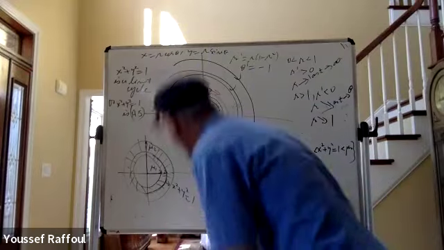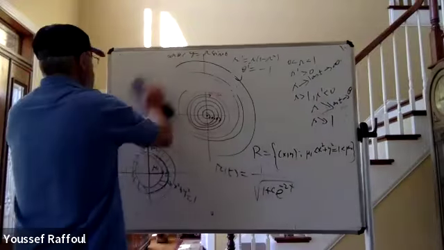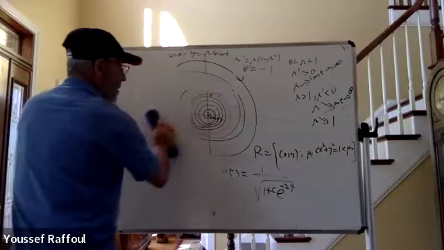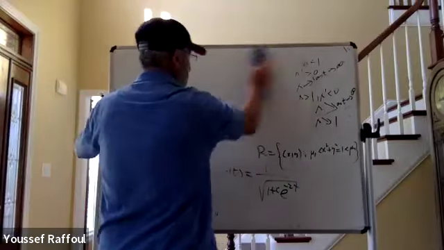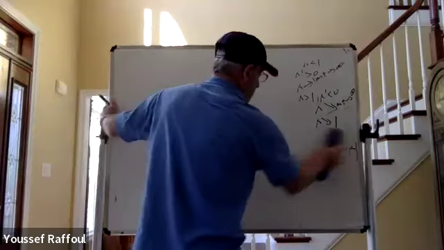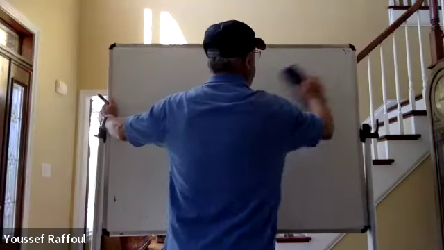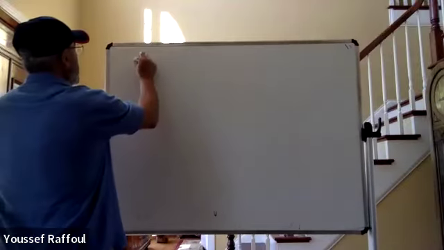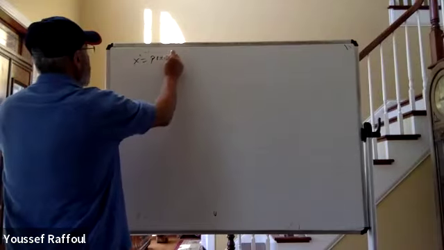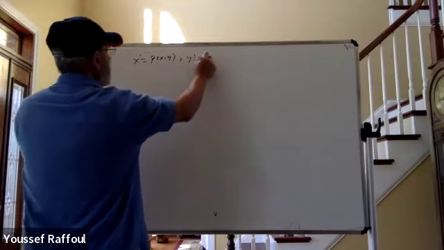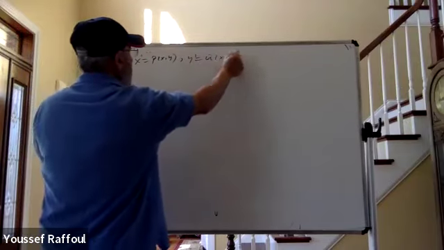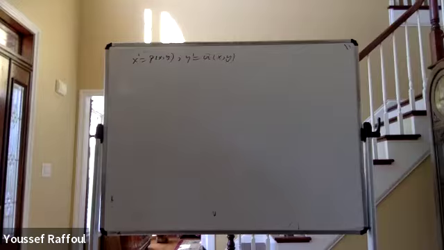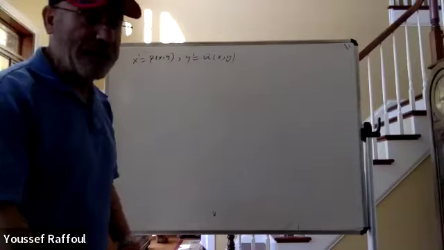And so what the theorem says: we have x prime equals P(x, y), y prime equals Q(x, y). This is a planar system. That means a two-dimensional system. This does not work for higher dimensional systems.